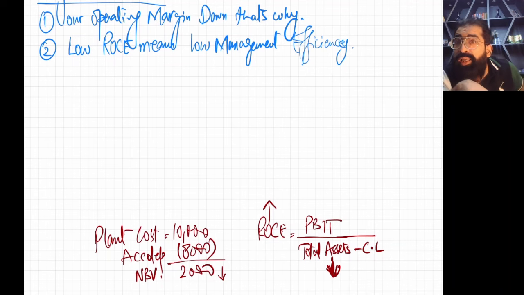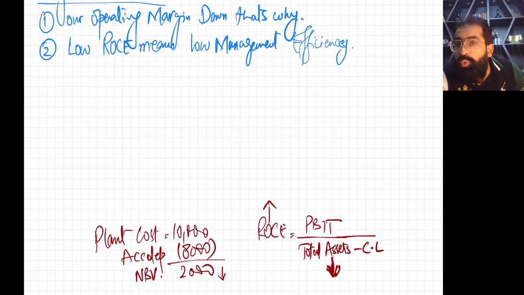Your ROCE should be higher, but still our ROCE is lower. Even with these small, tiny carrying amounts of non-current assets, our ROCE is still low. It should be higher. This should be a positive point for us.